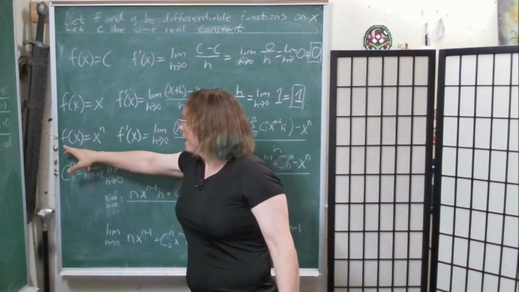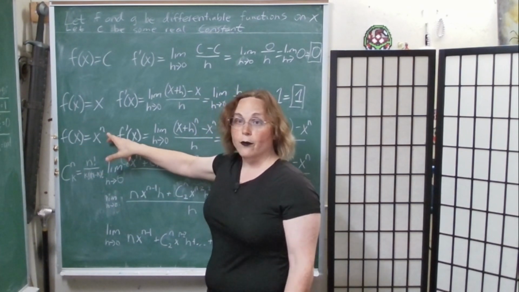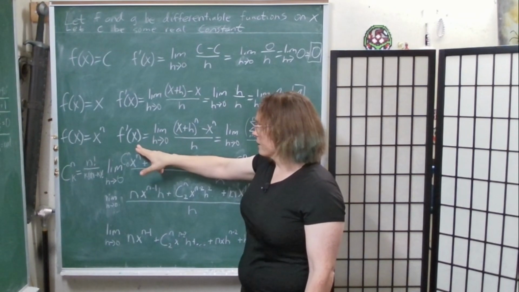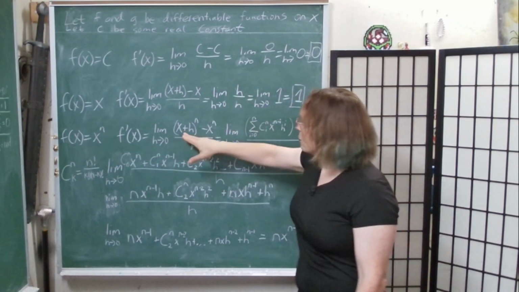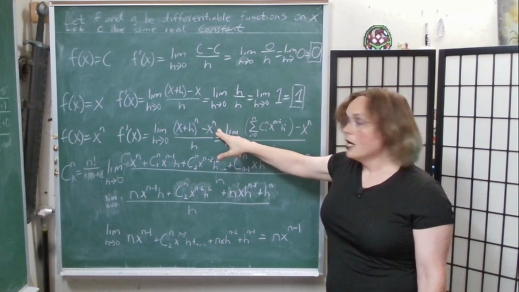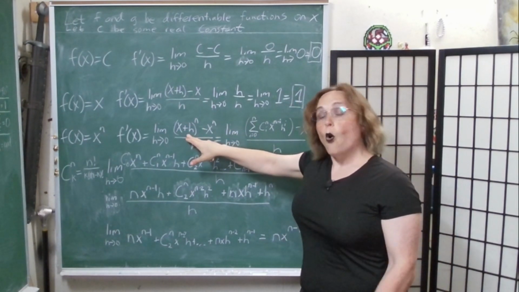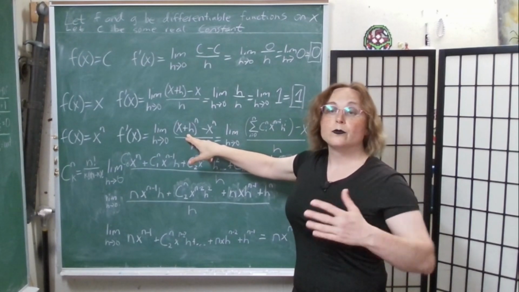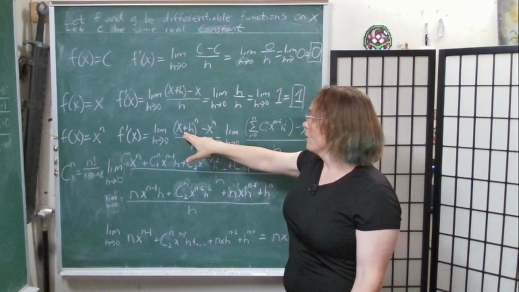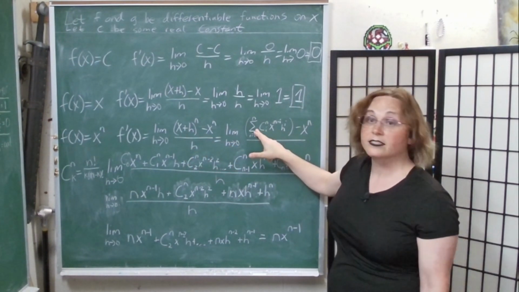Again, we're simply going to take our function and it's going to be x to some power. This is our power rule, okay? So we take the derivative of f of x, and so we're going to replace the x with our x plus h, and then we have our x to our power. Now, anytime we have a sum or a difference, we can simply use binomial theorem. And the only difference in binomial theorem with a sum and a difference is whether or not we have an alternating sign term.